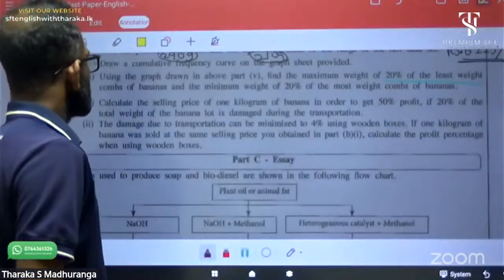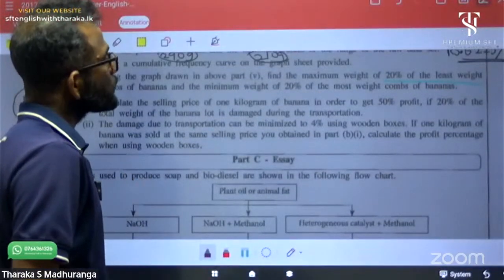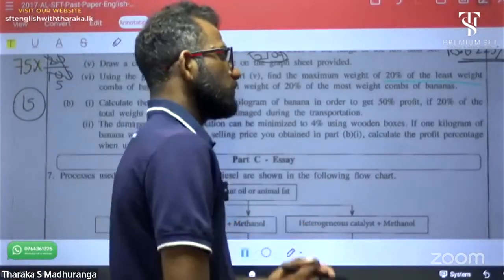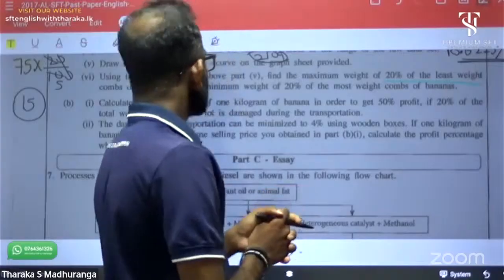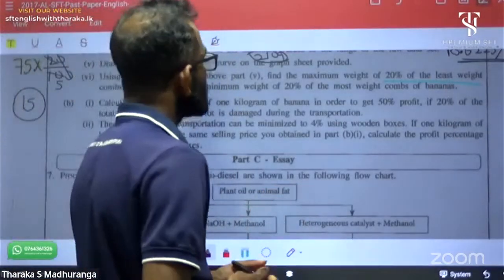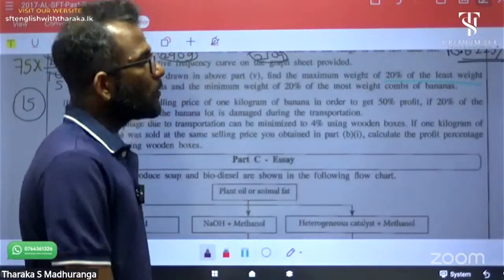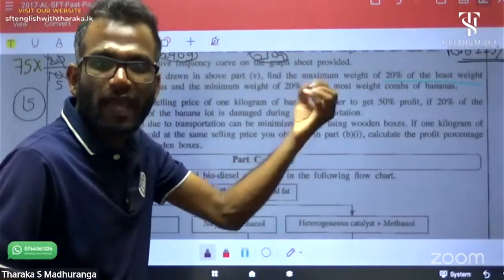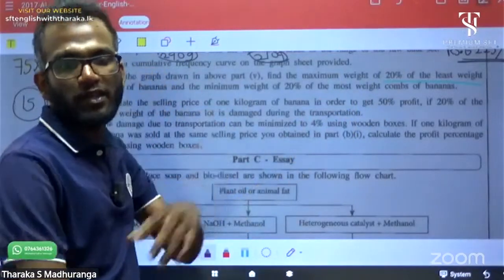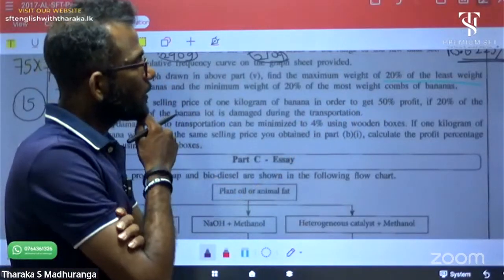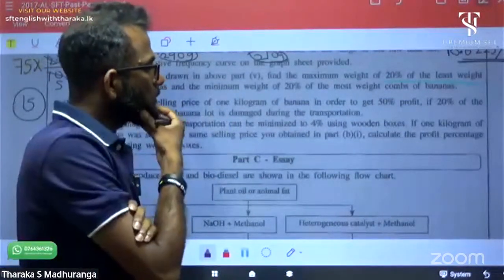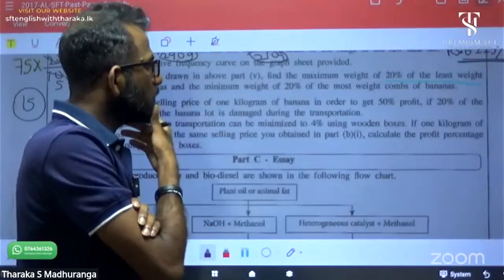Okay. B. Calculate the selling price of 1 kilogram of banana in order to get 50% profit, if 20% of the total weight of the banana lot is damaged during the transportation. Okay, actually 20% damaged means how many kilograms? Damage and waste.